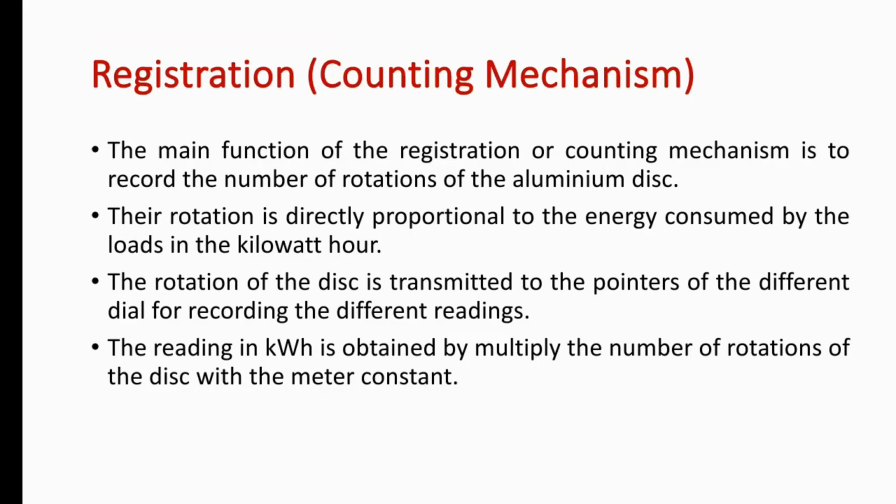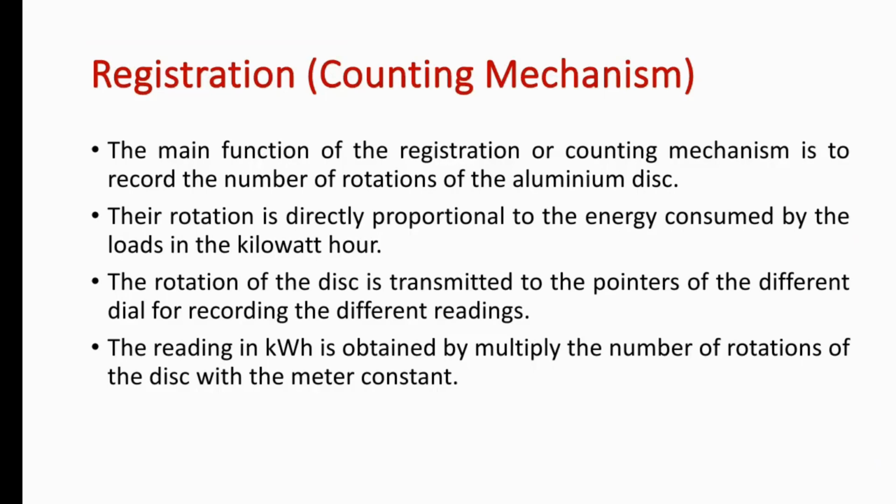Then the registering or counting mechanism. The main function of the registering mechanism is to record the number of rotations of the aluminum disc. The rotation is directly proportional to the energy consumed by the load in kilowatt hour. The rotation of the disc is transmitted to the pointers of the different dials for recording the different readings.